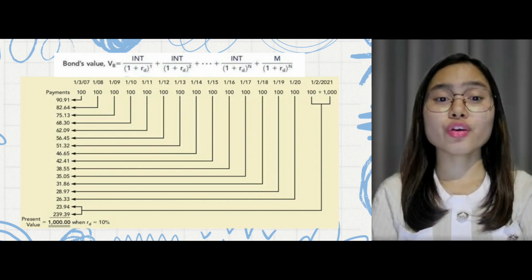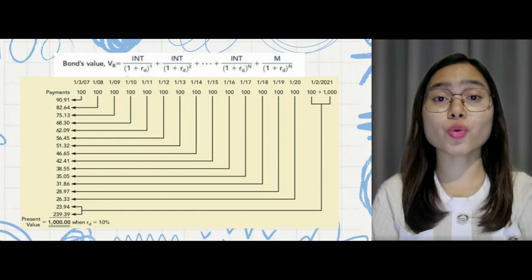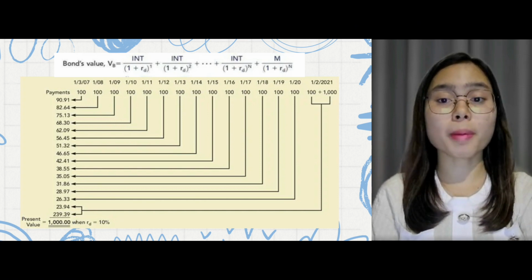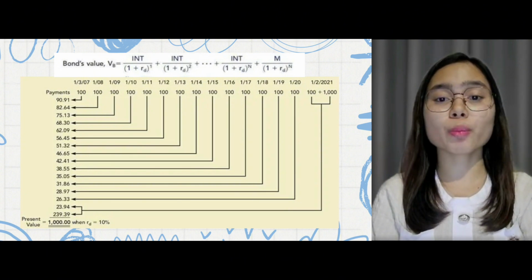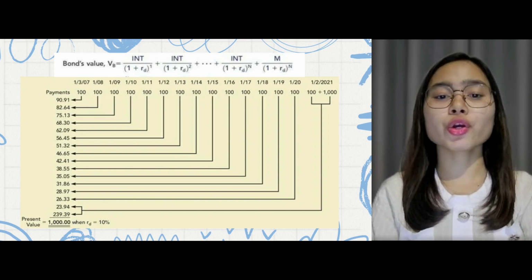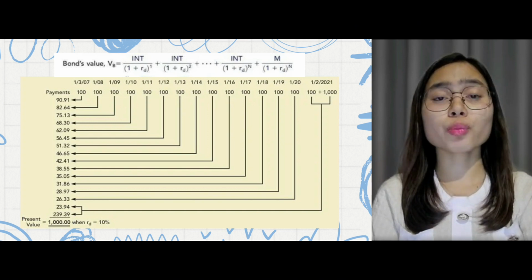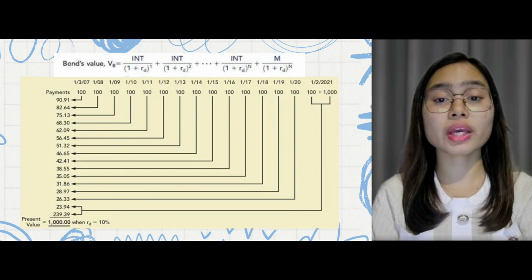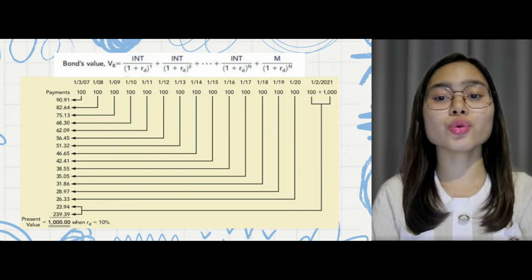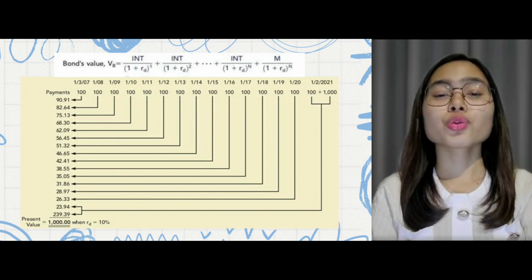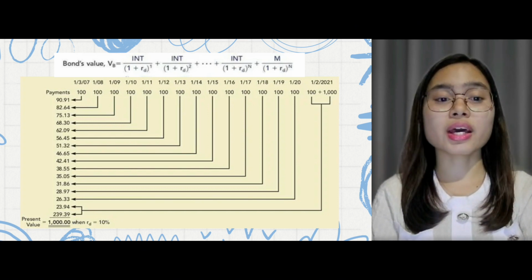After that, for the maturity, we have M equals $1,000 divided by 1 plus rate discount, which is the 10%, and raised to the number of years before the maturity, which is the 15. So we are going to have $1,000 divided by 4.17724869, which equals 239.3920 or 94, or $239.39.